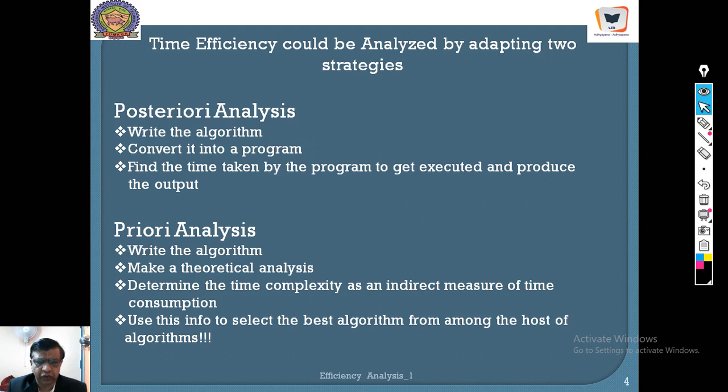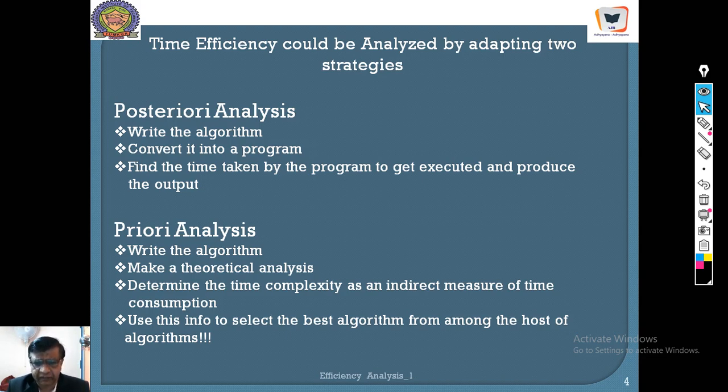Number two, if you choose interpreter based languages for running your program, they will run slowly. But if you consider C, C++ and Fortran, they will make the program run faster. That is the virtue of the language itself.